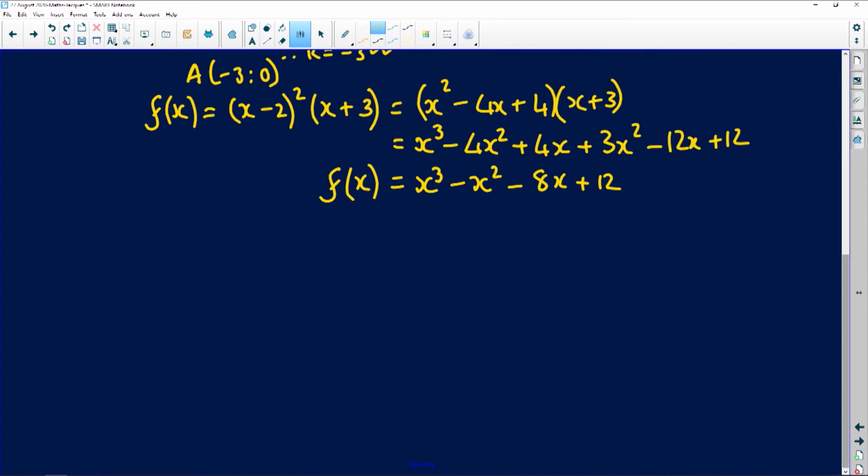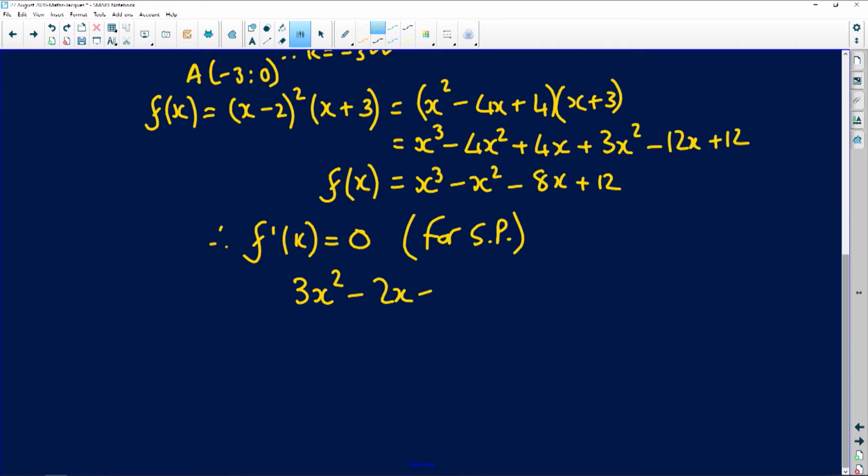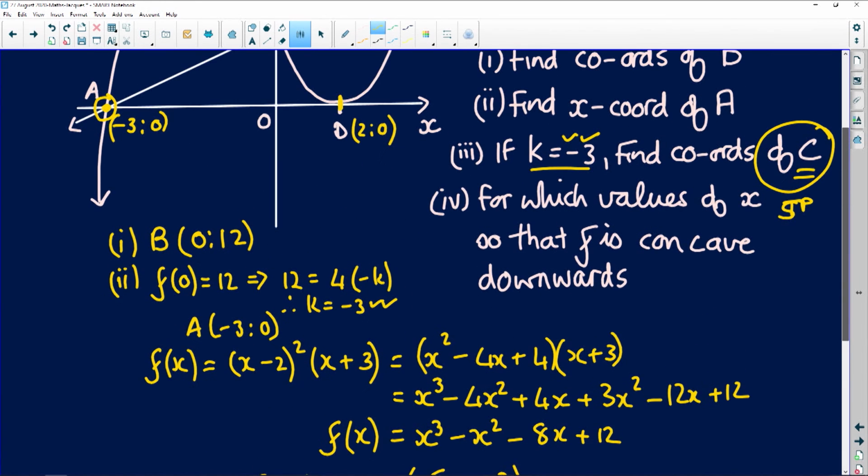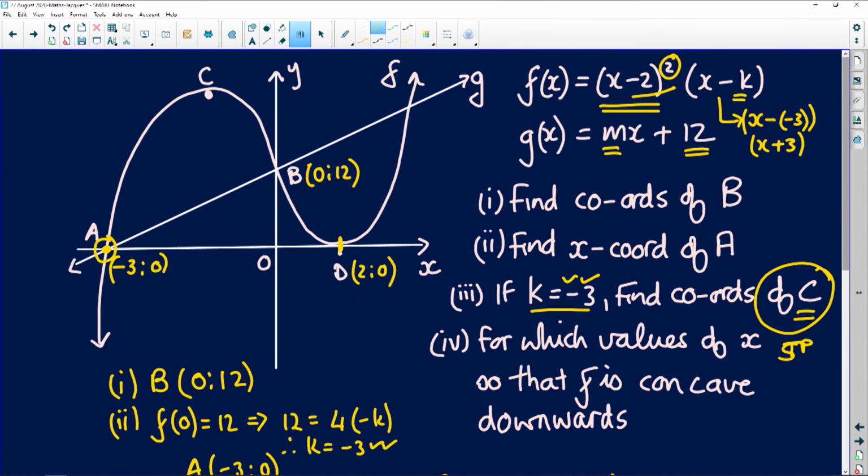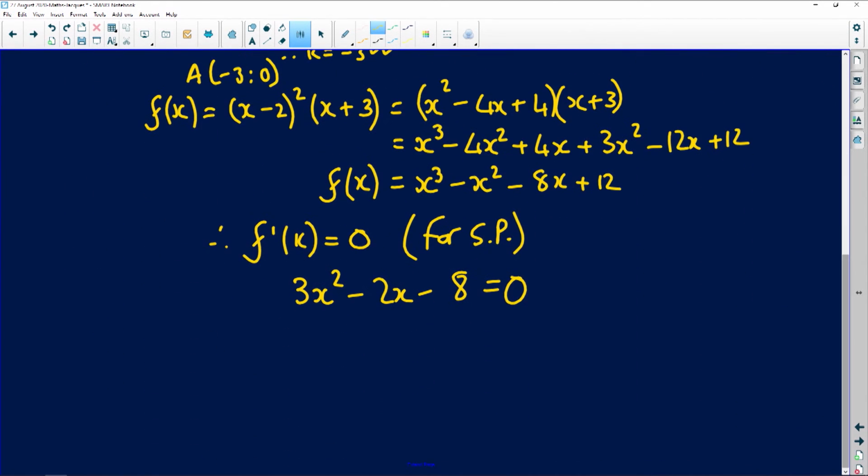So now we've got to differentiate and make this equal to 0. Why? For the stationary point. If I differentiate that, I get 3x squared minus 2x minus 8, which is naught. And look at this, I'm going to cheat. I know that this is one of the factors, x minus 2, because it is a stationary point. So I'm going to divide by x minus 2.